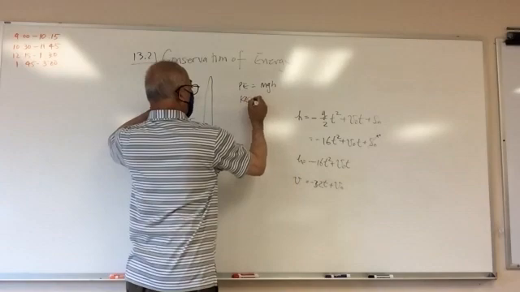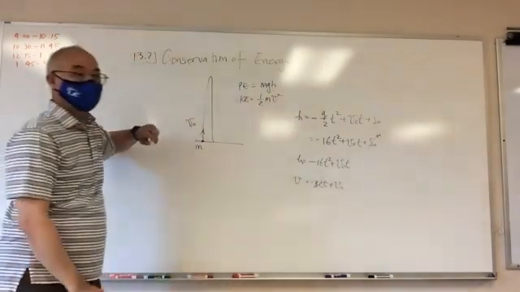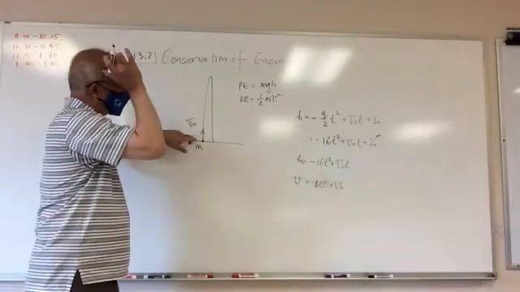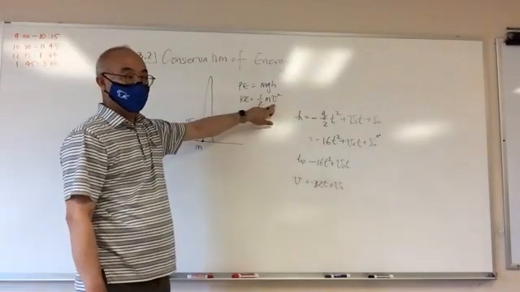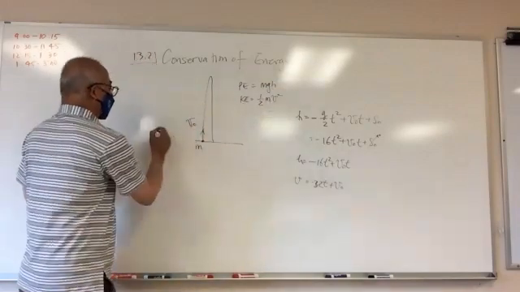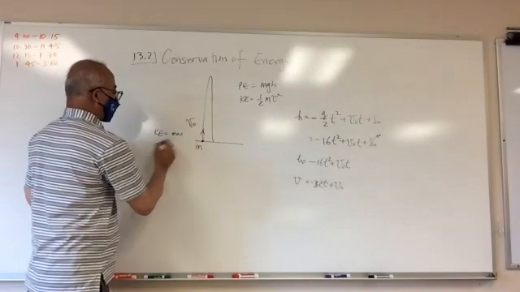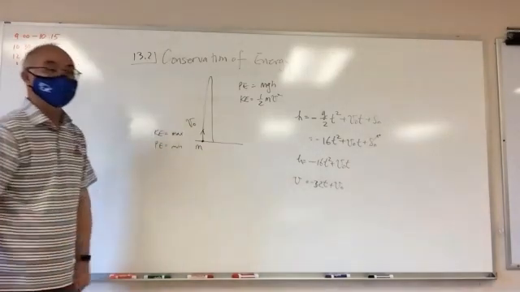Kinetic energy was 1/2 mv squared. So my kinetic energy at this point is going to be 1/2 mv naught squared. Potential is going to be 0. So at this point, kinetic energy is at its max, and potential energy is at its minimum because it's 0.